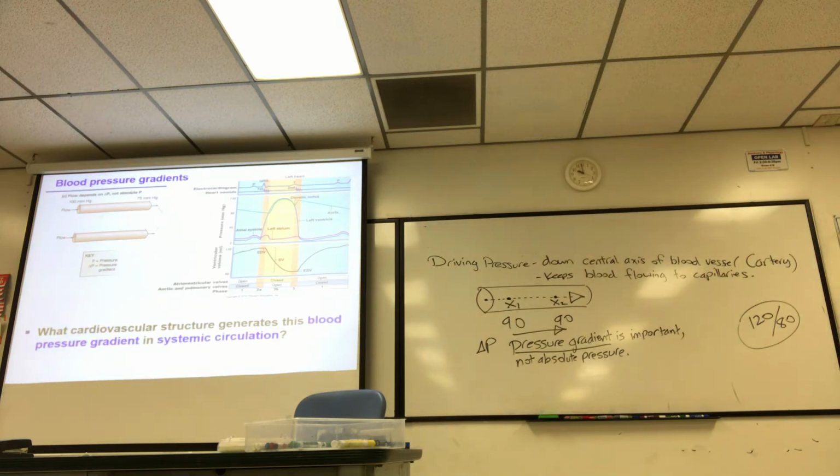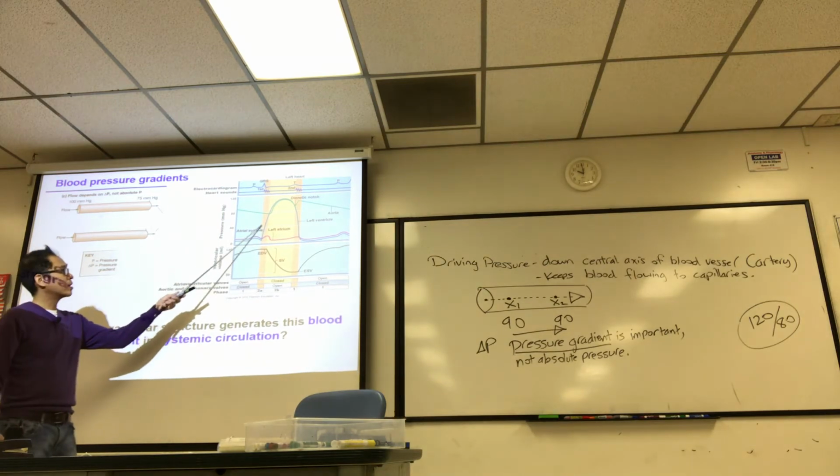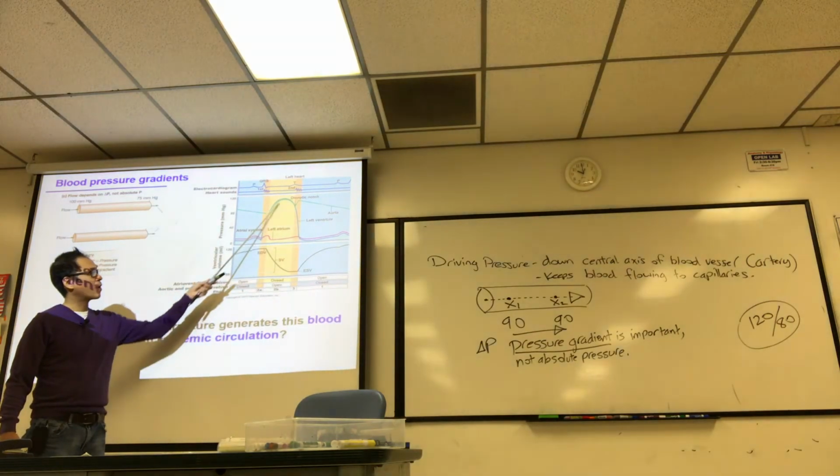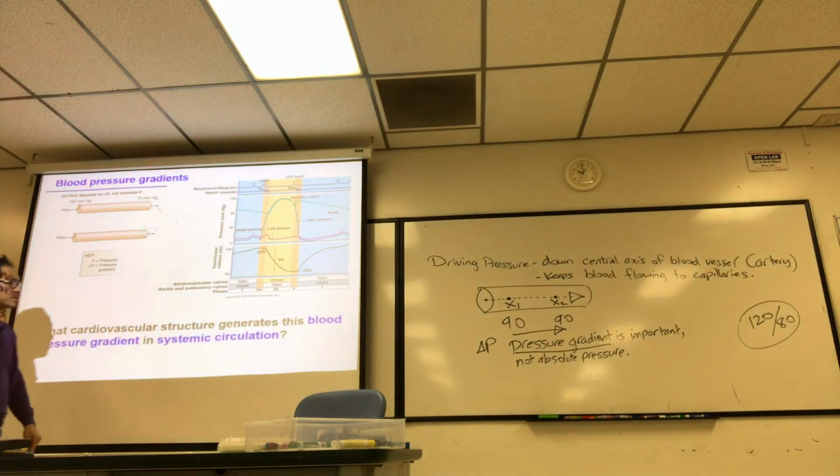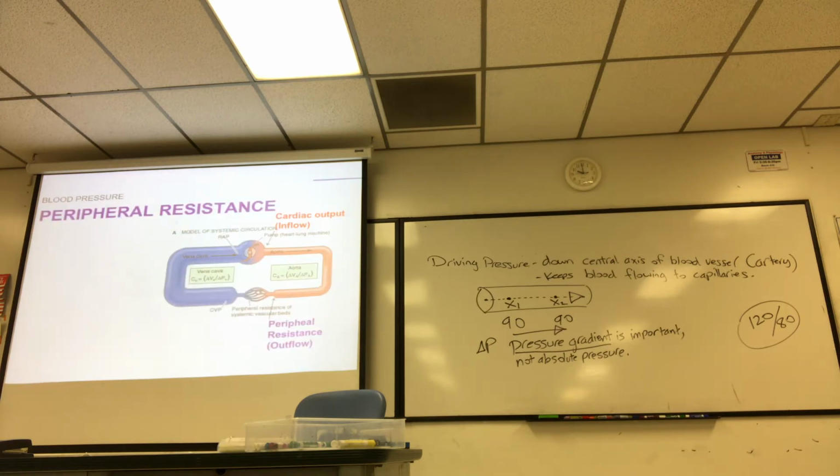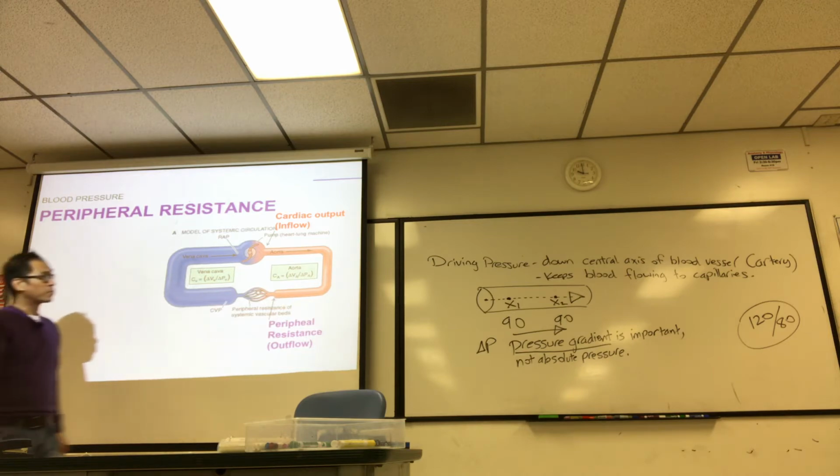And to answer my question here, what cardiovascular structure generates this blood pressure in systemic circulation? It's the left ventricle. That's providing the pressure. So if you have enough cardiac output, that'll sustain the blood pressure, 120/80. That pretty much defines blood pressure.